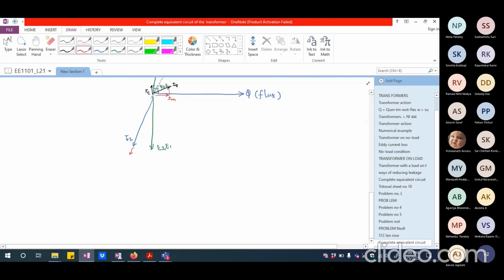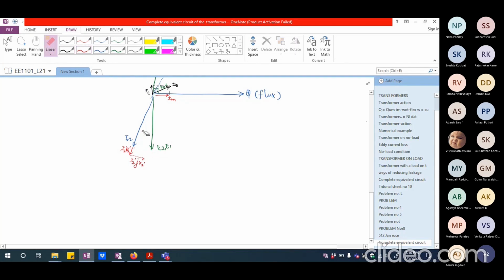So if it has to be 90 degrees leading, I have to draw it somewhat like this. This is how it will be. Right? I2 dash X2 dash will be somewhat like this. So let me draw it parallelly. So this becomes I2 dash JX2 dash. This is I2 dash R2 dash. Okay? Might erase the whole thing.